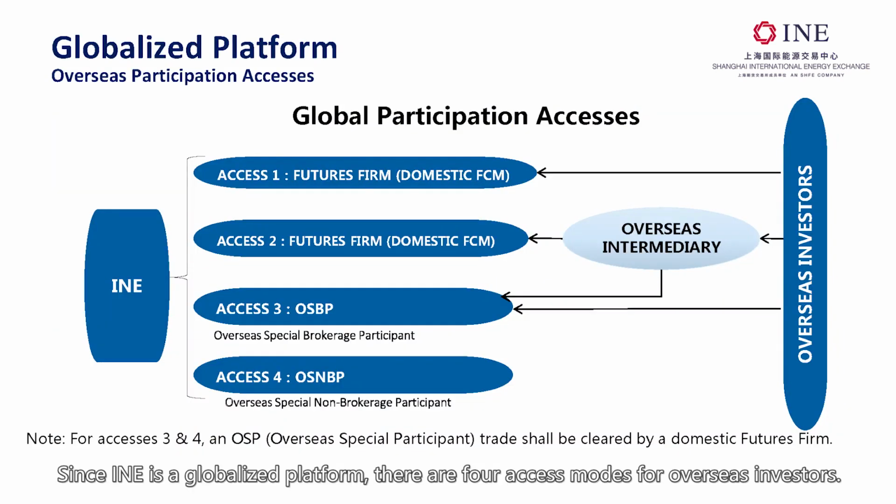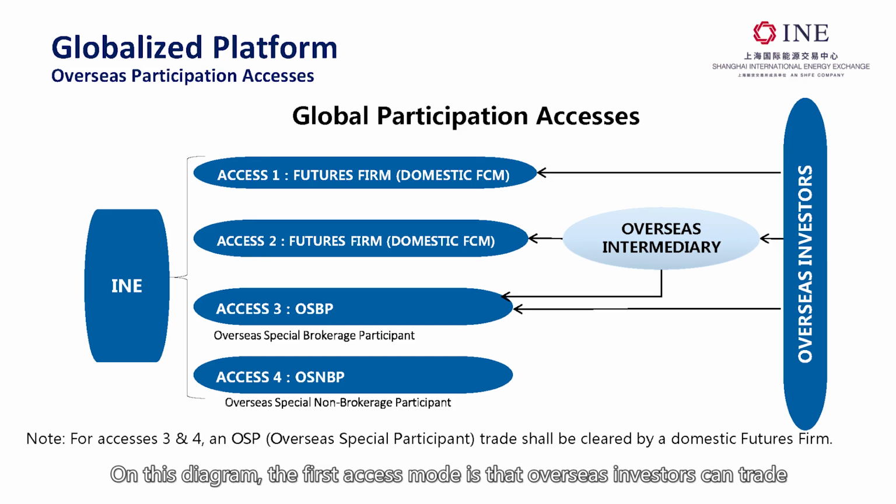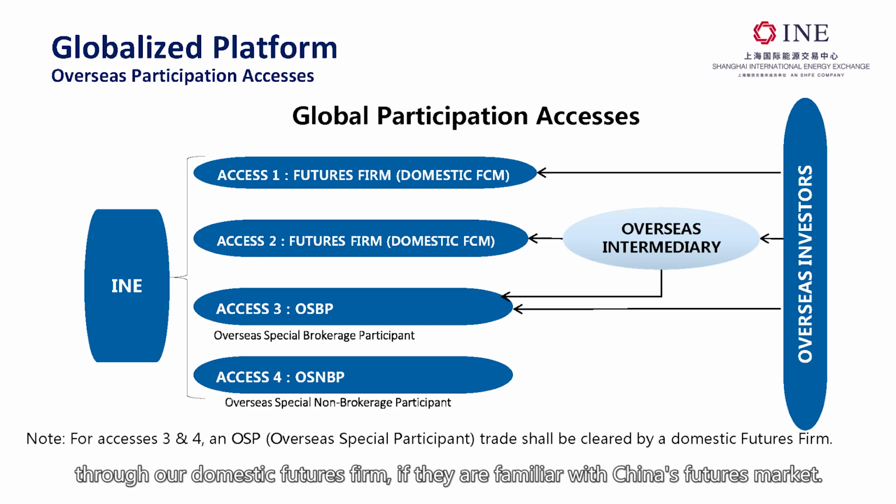Since INE is a globalized platform, there are 4 access modes for overseas investors. On this diagram, the first access mode is that overseas investors can trade through our domestic futures firms if they are familiar with China's futures market.